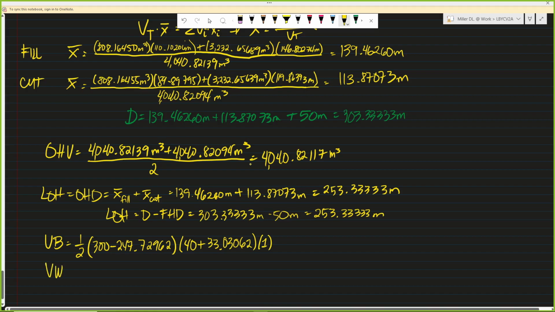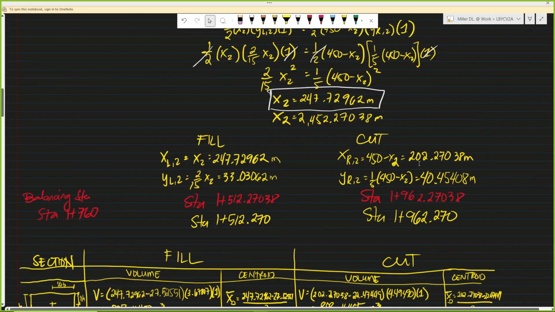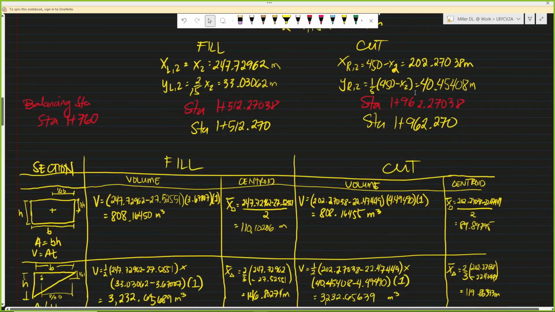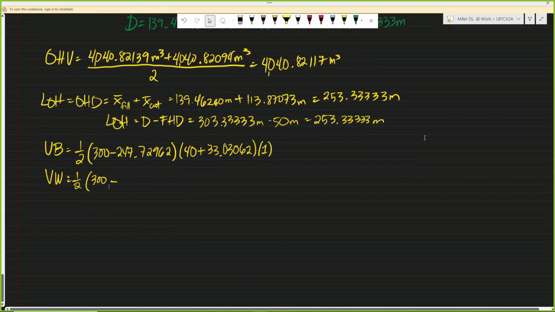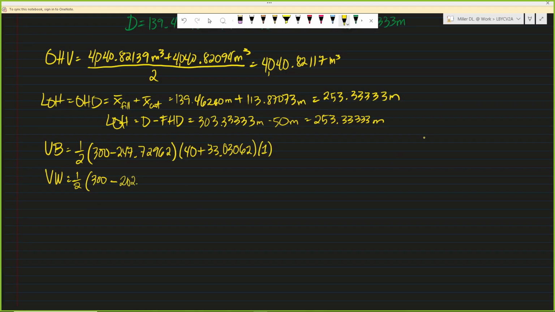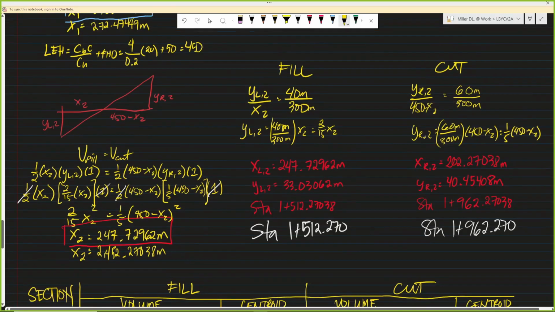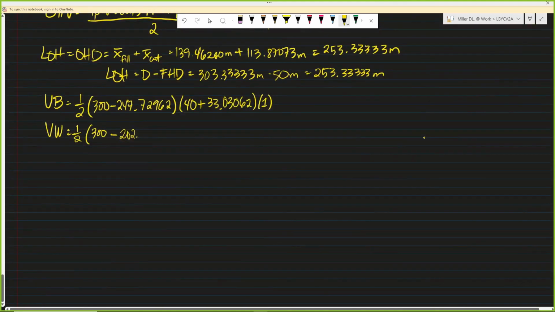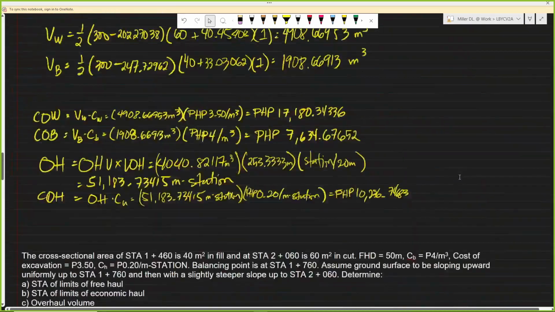Ganun din sa volume ng waste. So, 1/2. So, 300 minus yung x sub R2, which is 202.2738. Multiplied by 60 kasi yun nasa right side. Ito yung magiging waste.